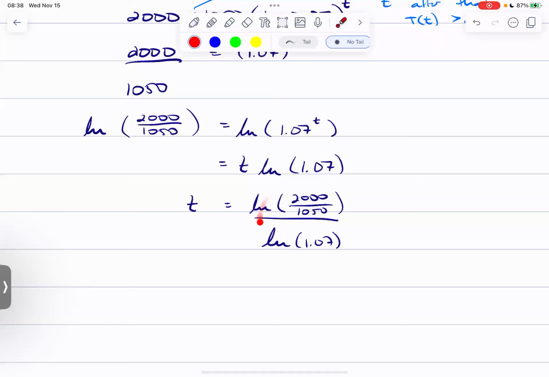This is the exact value, but we can find an approximate value. 2000 divided by 1050 divided by the natural log of 1.07.